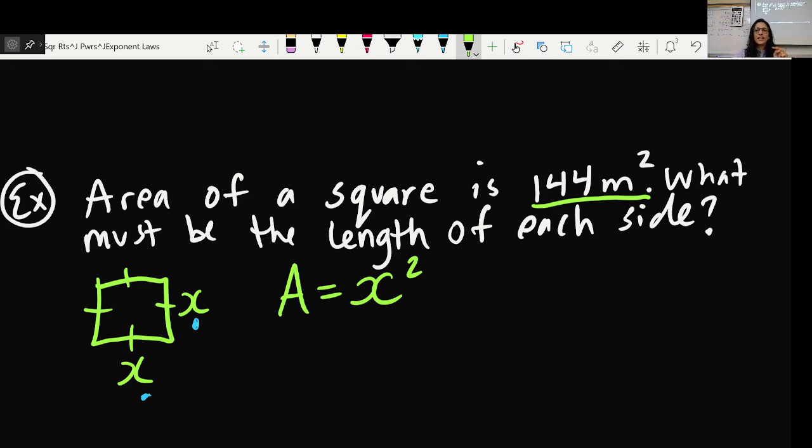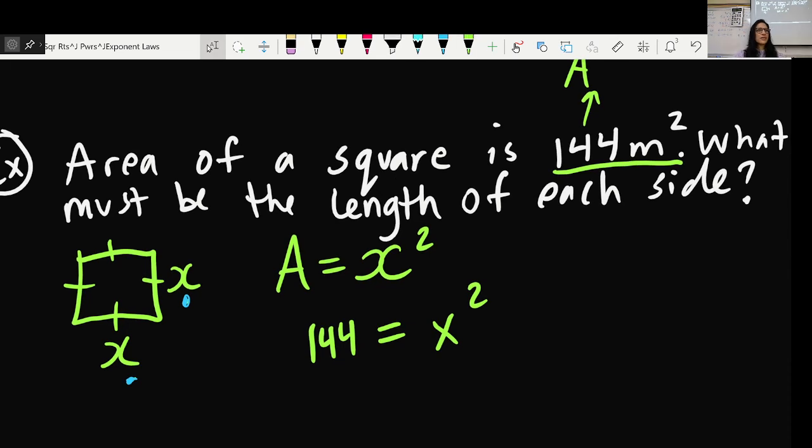So the area, this would be our A value. So in here, I'm going to plug in 144 meters squared equals x squared. I'm going to say temporarily, let's get rid of that unit. I'm just going to use the numbers, and we can talk about that after. But 144 equals x squared. Everyone good with that so far? Want to ask me anything if it doesn't quite make sense?